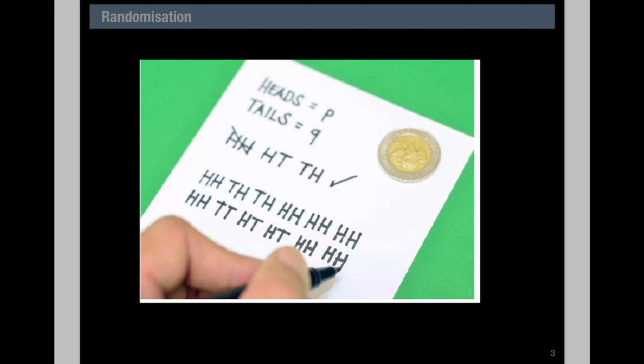Sometimes this coin may be biased, so it may be the case that we have heads with a certain probability P and tails with a probability Q, where in this example, of course, Q equals 1 minus P. And this randomization is used in distributed computing, for instance, to break the symmetry in a distributed algorithm.